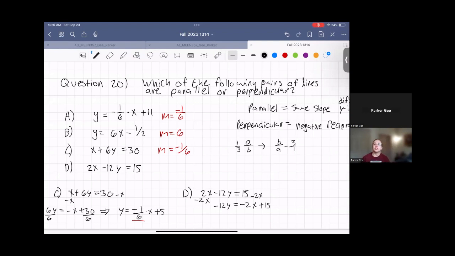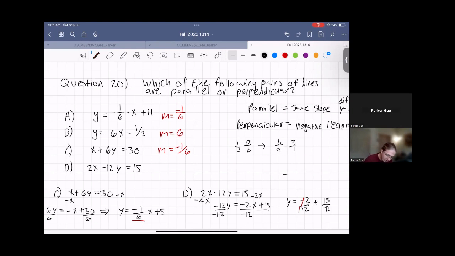Now we have to get y by itself, and so we're going to divide by negative 12. And so we're going to get y is equal to negative 2 over negative 12 plus 15 over negative 12. So remember, if we're dividing two terms, you divide them separately. These negatives are going to cancel, right? And then 2 over 12, well, 2 goes into 12 6 times, so it's going to be 1/6.